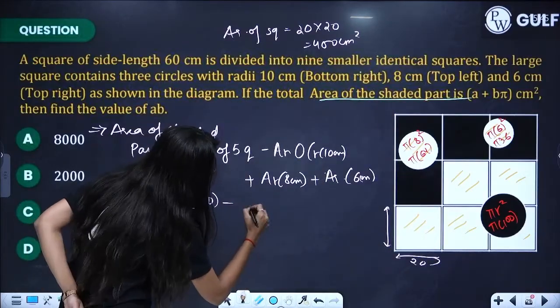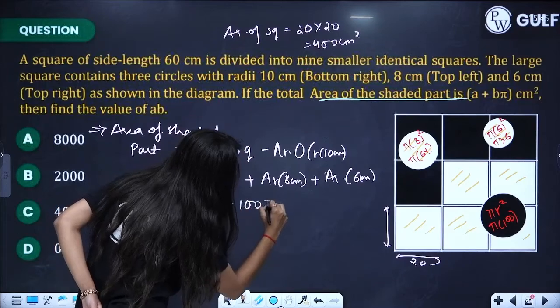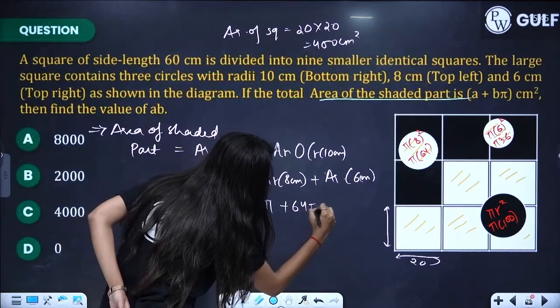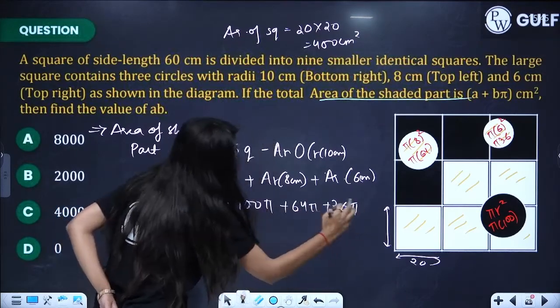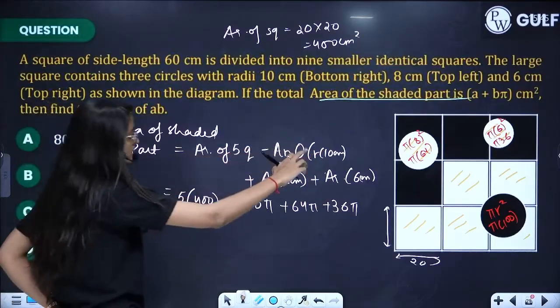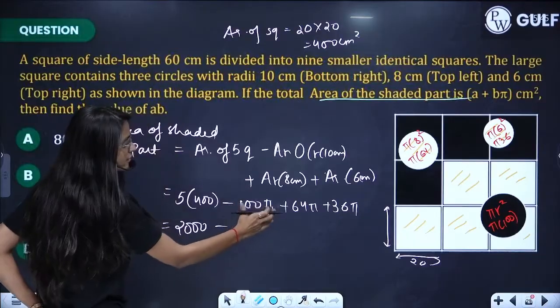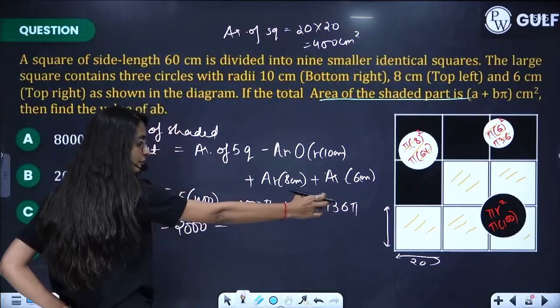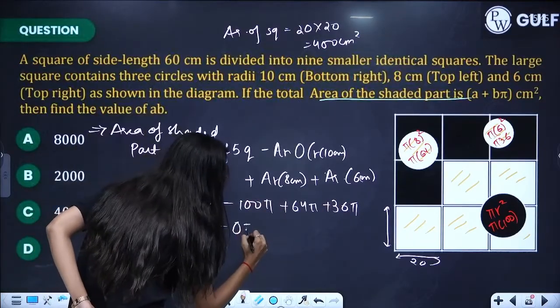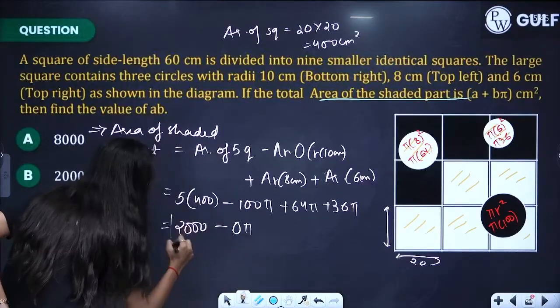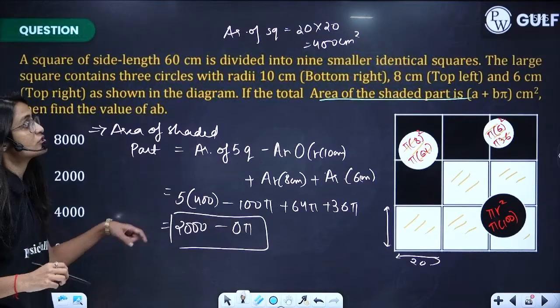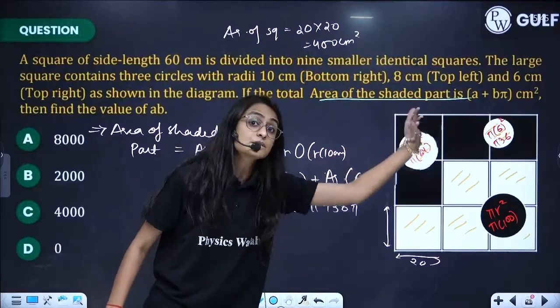Minus of 100 pi plus 64 pi plus 36 pi. See, I have already found out the areas of the circles. So you are getting 2000 minus 100 pi, negative 64 plus 36 also gives you 100. 100 cancelled out. You are having 0 pi. Now this is the area of your shaded portion, which should be actually represented in a plus b pi form.